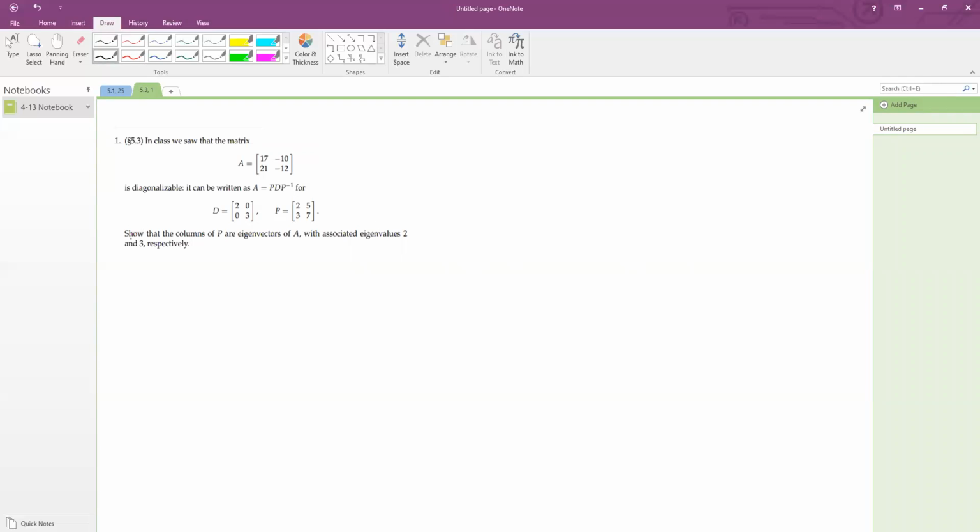Your task is to show that the columns of P are eigenvectors of A. The columns of P are just (2, 3) and (5, 7). So we want to show that these are eigenvectors of A.